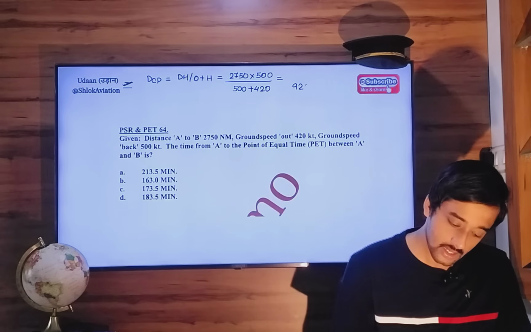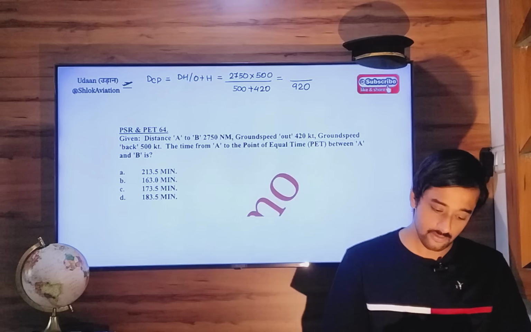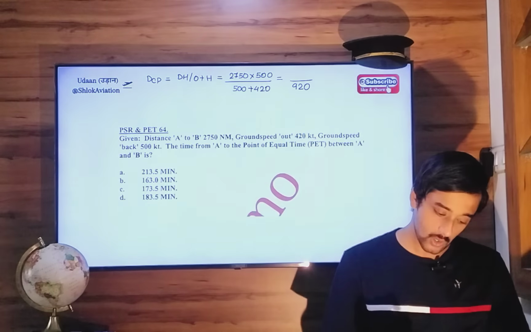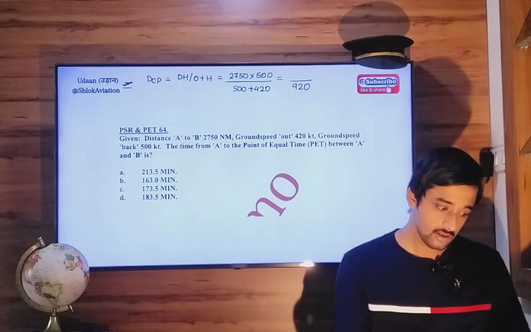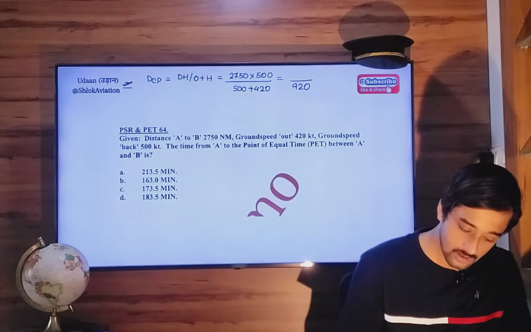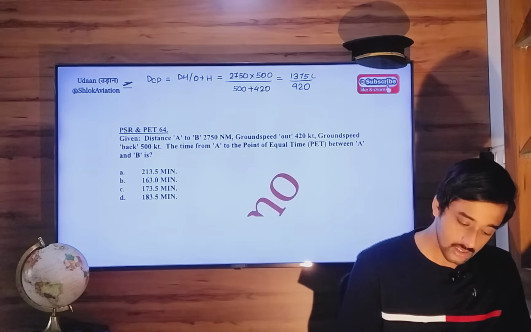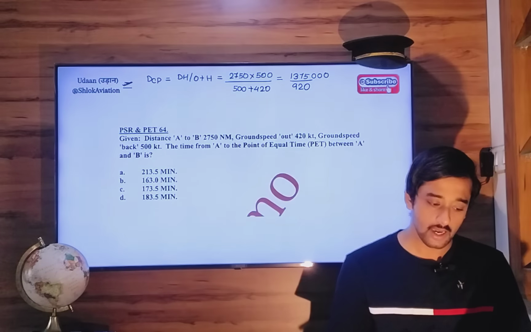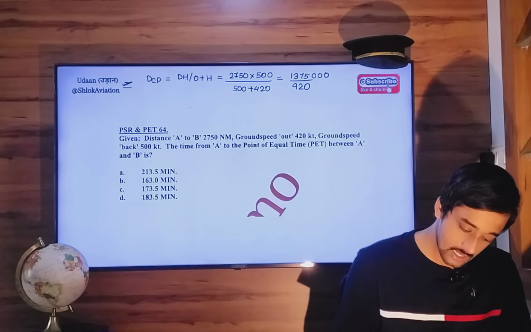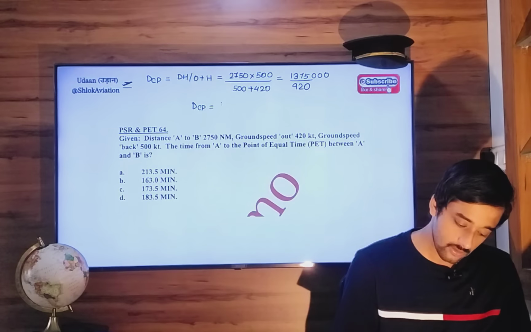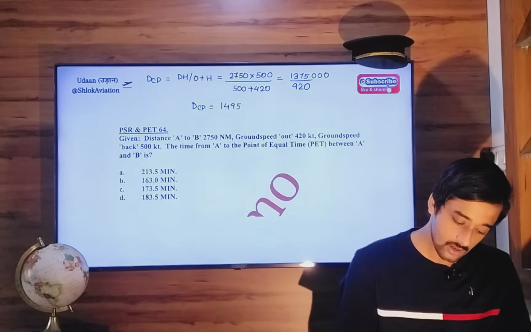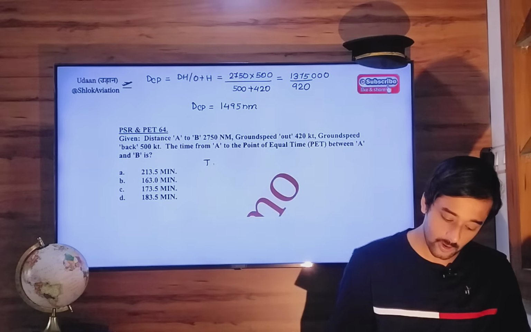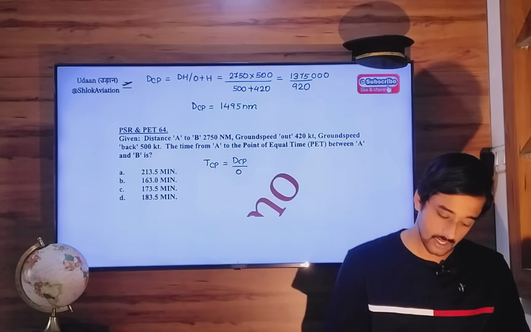So 920 in the denominator. In the numerator we have 2750 into 500, 1375000 divided by 920, 1494.5. So let's say distance to critical point is 1495 nautical miles. So time to critical point will be distance to critical point divided by outbound speed.